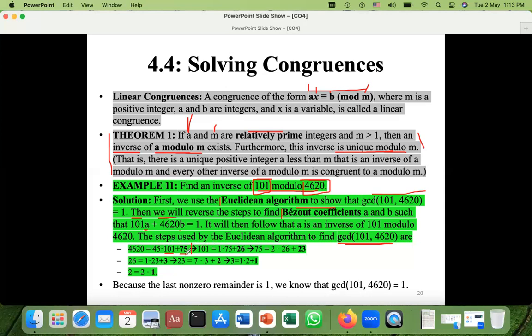But in the next step, this number from which you were dividing would become your x. You have to write it on the right hand side, equal to, and this 75 will become your y. You have to divide this 101 with this 75, multiplied by 1, and after subtracting from 101 you will get 26 as a remainder. So now this second step is complete, and you have to go on until your y will become 0.